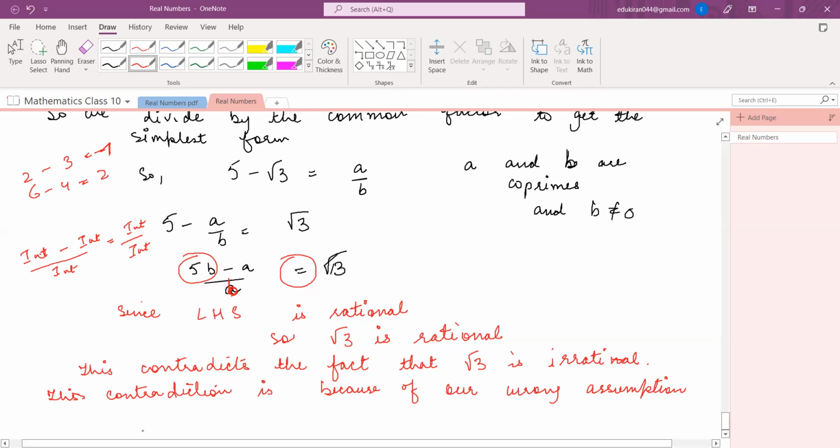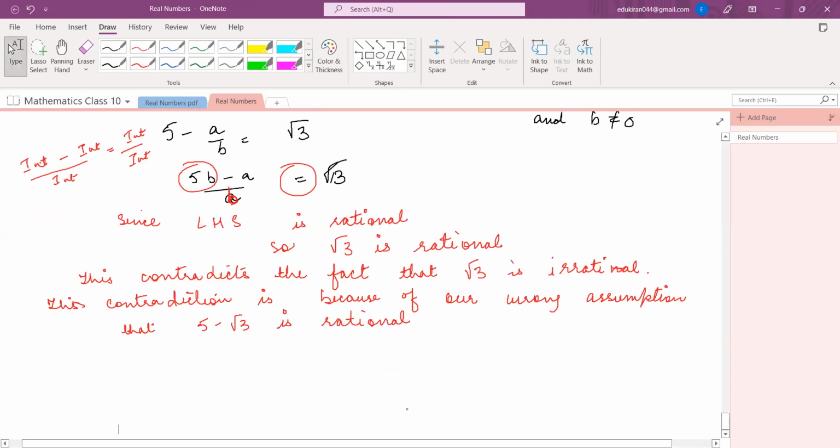This contradiction is because of our wrong assumption that 5 minus root 3 is rational. So we conclude that 5 minus root 3 is irrational.